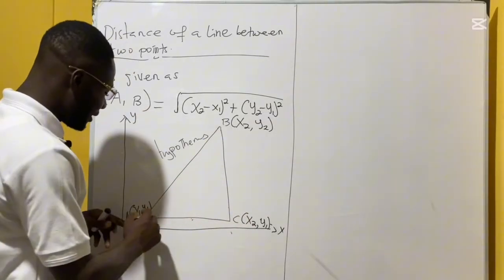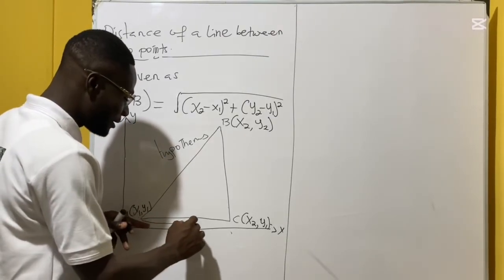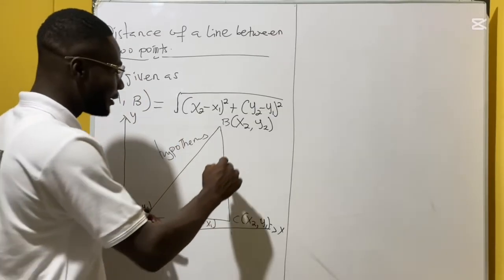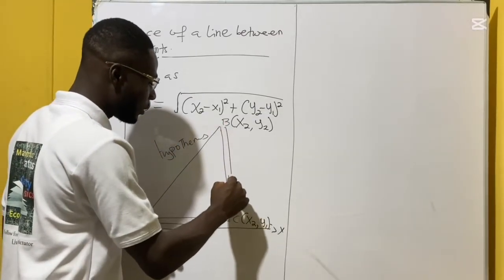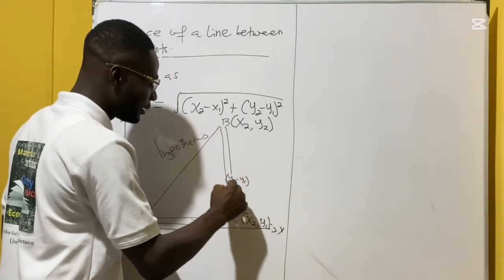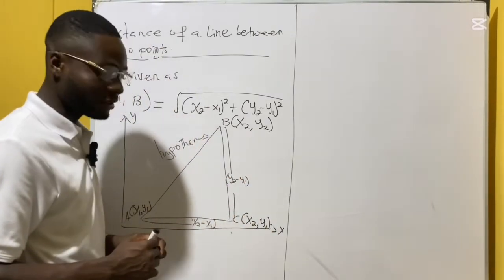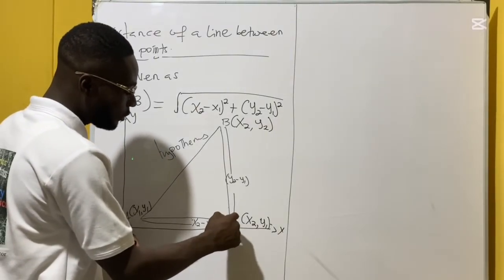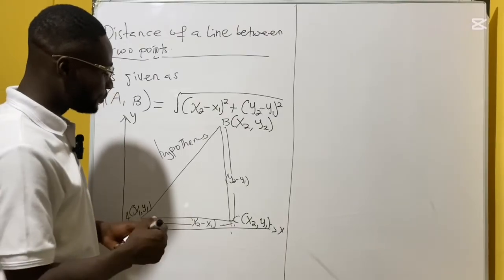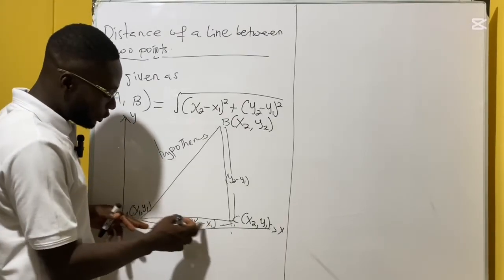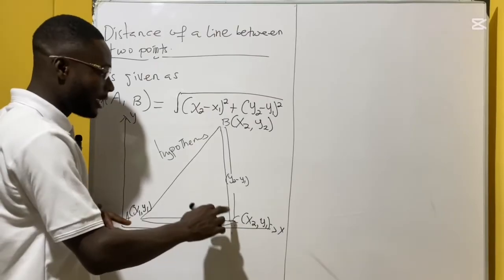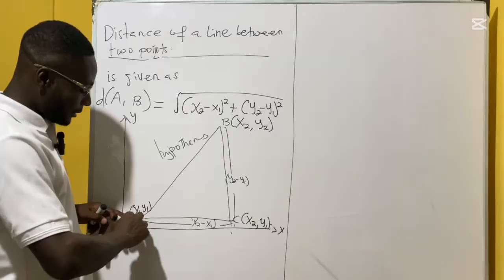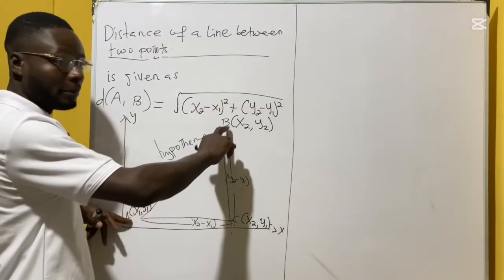So let's say that this part is x2 minus x1, and this section is y2 minus y1. That is the vertical section, and this is the horizontal section. So we have x2 minus x1 as line AC and y2 minus y1 as line BC, and the hypotenuse is line AB.